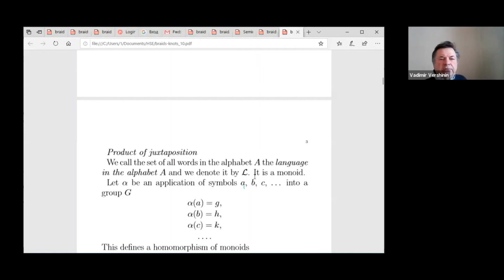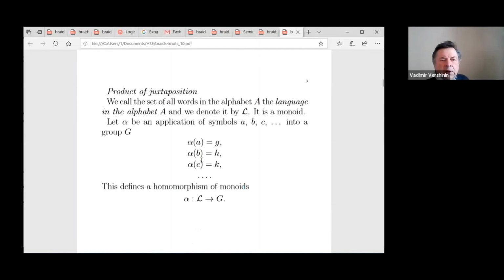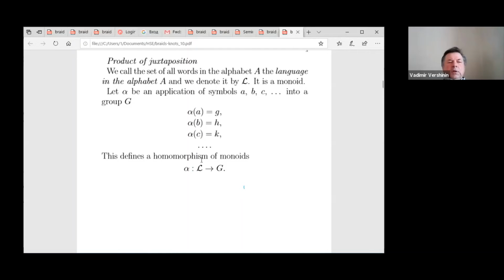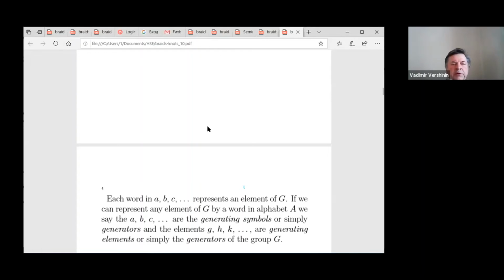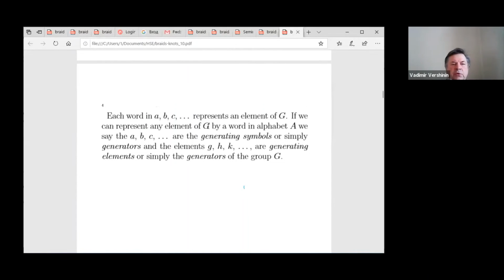And if you have a map from the language to a group, the language is definitely a monoid by juxtaposition, then you have a homomorphism of monoids. A word is called a relator if its image is the neutral element in the group.